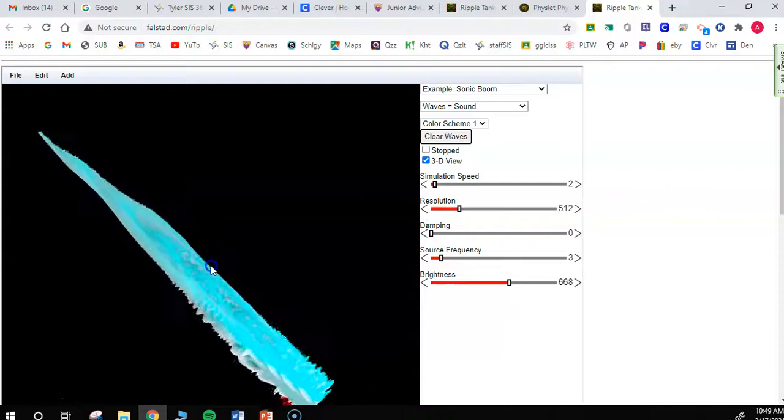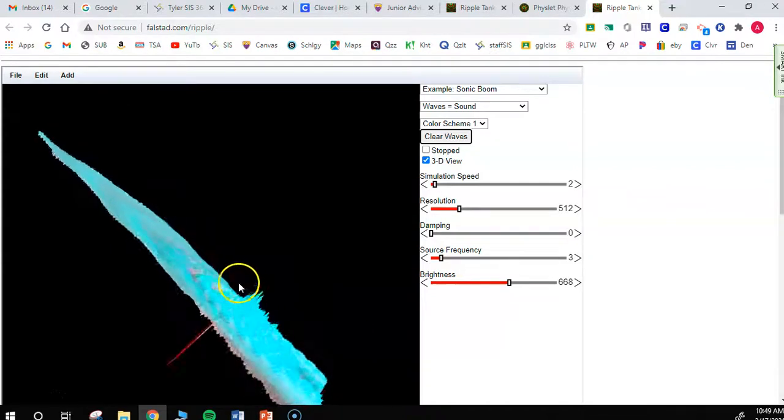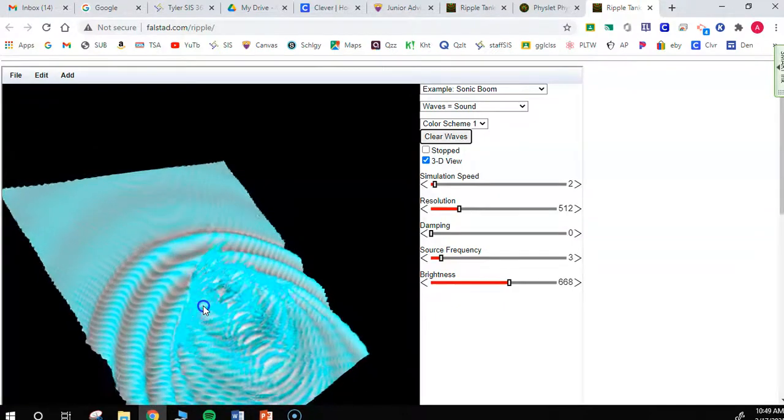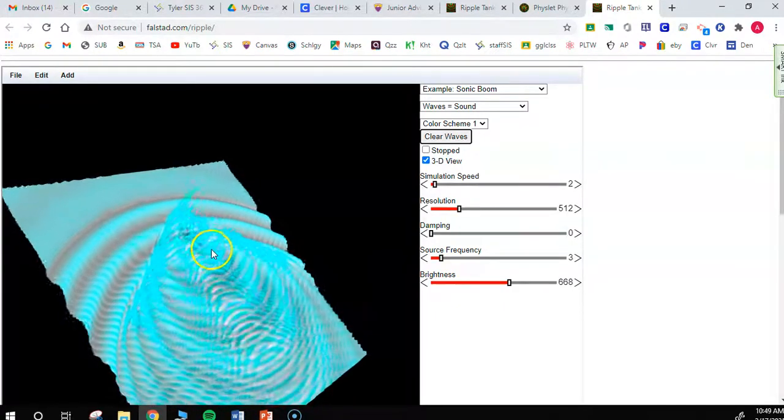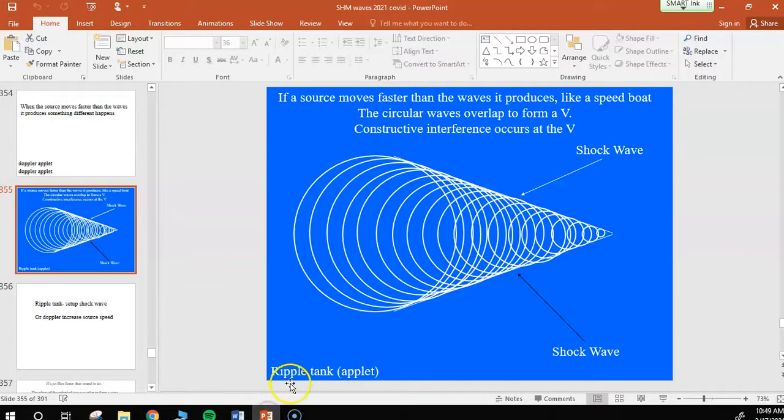And the height of that is higher than the rest of the waves because of that constructive interference. And so anyway, that is that.